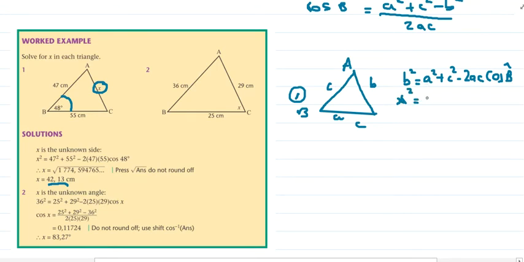Our a value is 55, our c is 47, minus 2 times 55 times 47 cos of 48 degrees. So that is how they have skipped a few steps in obtaining the answer there.